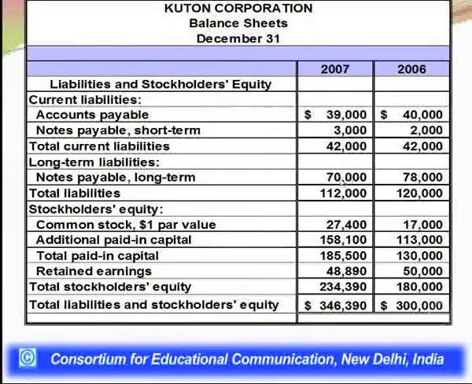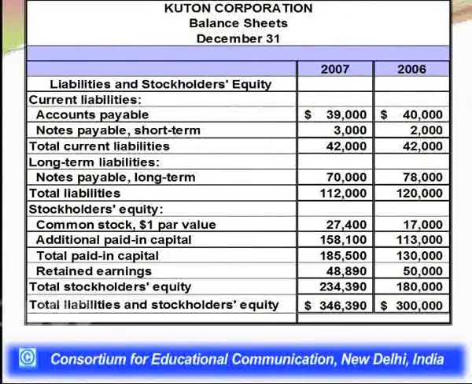Now moving forward, the next thing is the long term liabilities. We have just one head given here. It reads as notes payable and long term liabilities, so these notes payable are long term. You would be surprised, here it was notes payable short term, right? This is another learning. It means a company can take loans in the form of notes payable for short duration as well as for long duration.